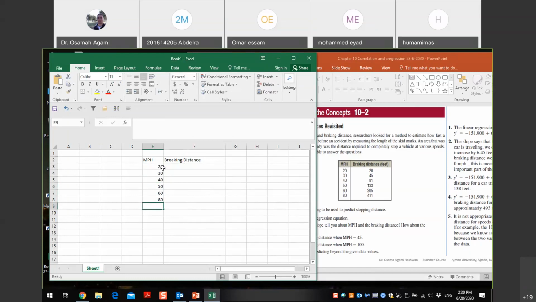Now I'm writing the other variable, the braking distance: 20, 45, 81, 133, 205, 411. Okay, I'm just centering it and adding borders. Okay, now I've finished with the presentation.